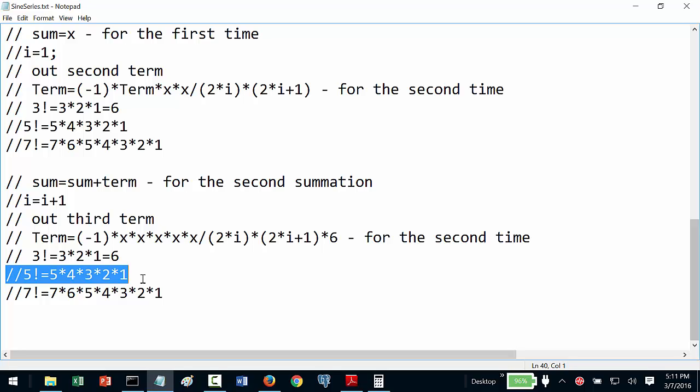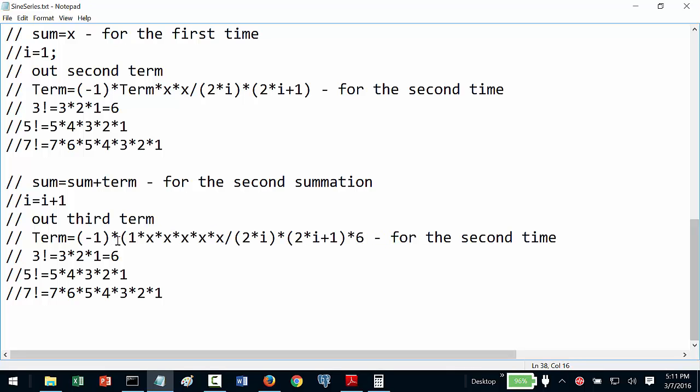Isn't it? So our problem is solved, right? Similarly, if I again do it for the next term, last time it was a minus term, correct? So this was my minus 1 term.